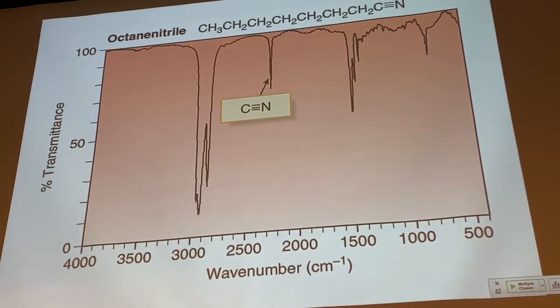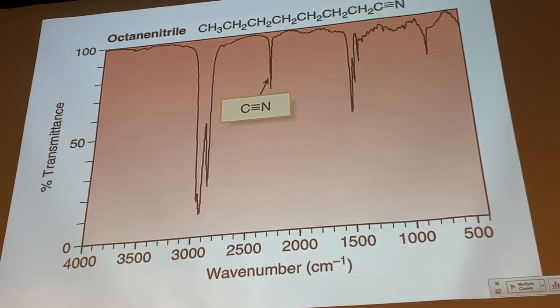But because nitriles are less common than other functional groups, it's not as important as the ones that we have listed here. But if you knew you had a nitrogen in your molecule, and you knew that you had 2 degrees of unsaturation, then the nitrile is a possibility, and you could go looking for a peak at about 2200. Notice there's no NH, and we only have sp3 carbon-hydrogen bonds.